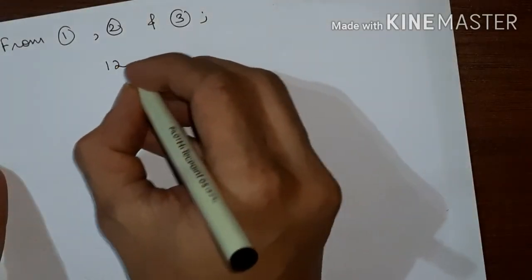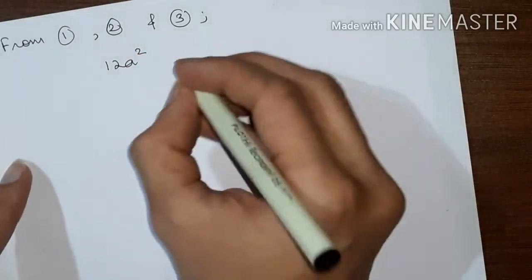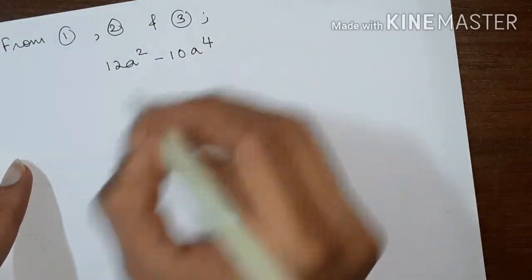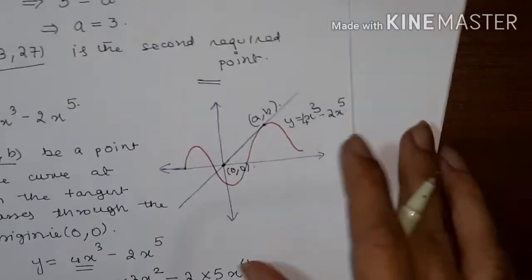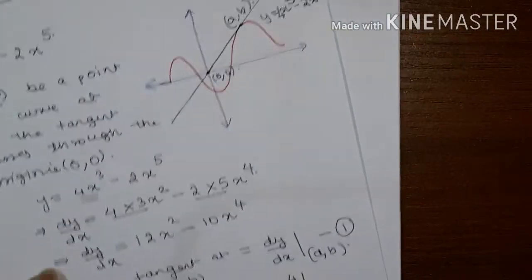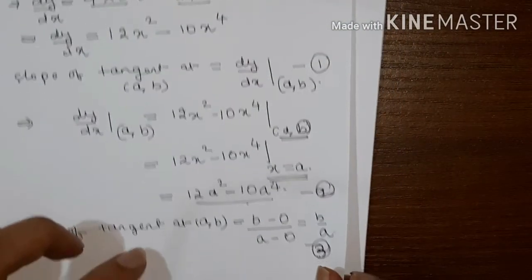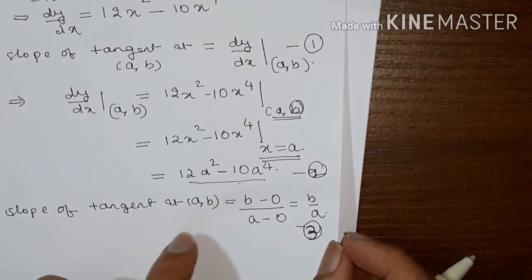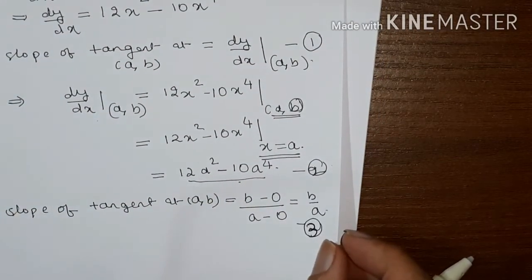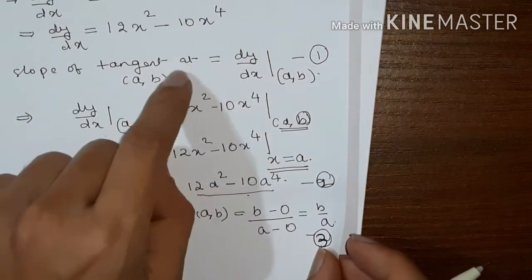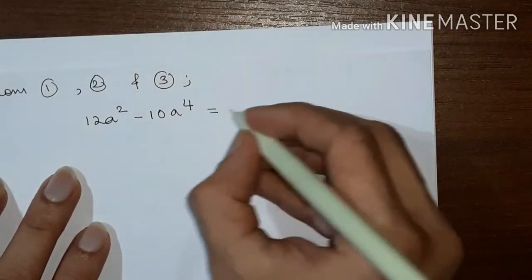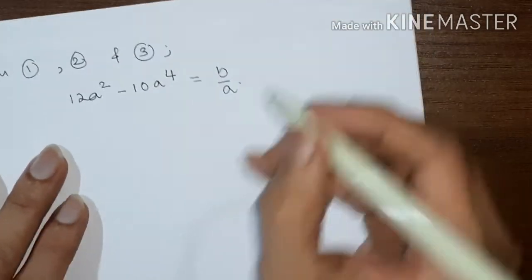Equation 2 is 12a² minus 10a⁴, and equation 3 is b by a. Both these are equal, so 12a² minus 10a⁴ is equal to b by a.